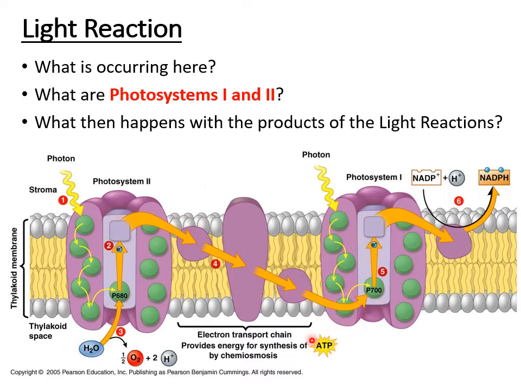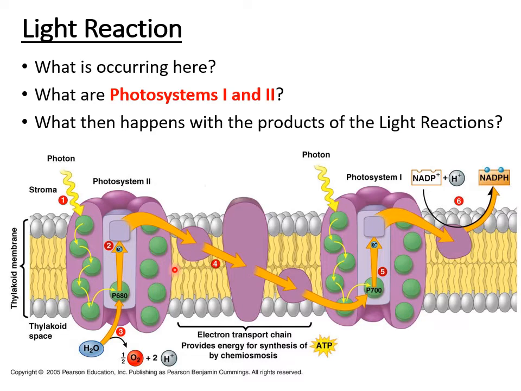And as you know, electron transport chains can couple with chemiosmosis for the synthesis of ATP. We saw that in cellular respiration previously in the slides at the beginning of this lecture. So you're seeing it again, an electron transport chain passing electrons to couple with chemiosmosis and produce ATP.